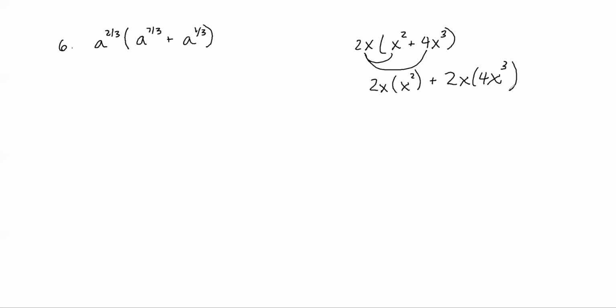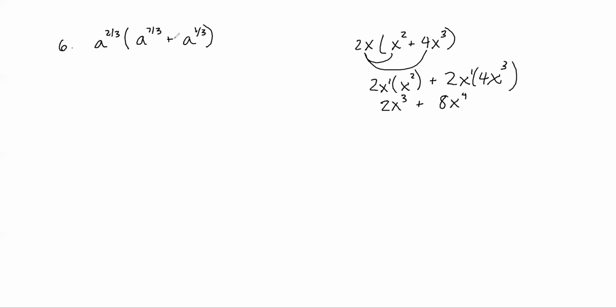So distributing, we distribute that term into both of them, and then we're multiplying the terms. So when we multiply these terms together, we add our exponents. We would get 2x cubed plus 2 times 4 is 8. X to the first times x cubed is x to the fourth.